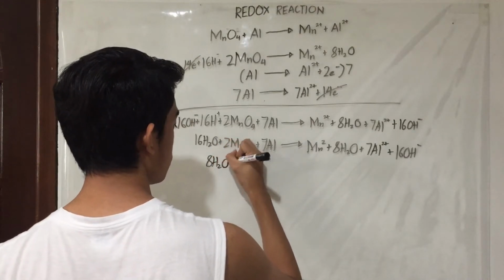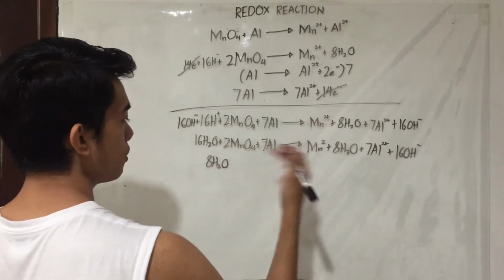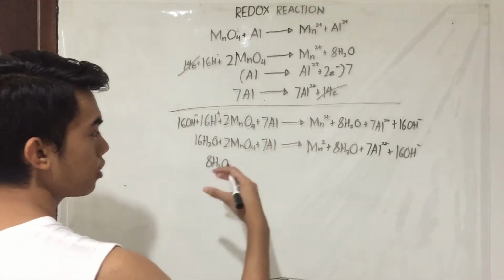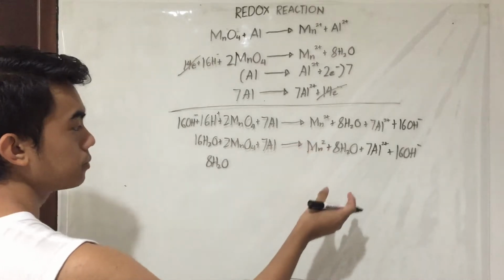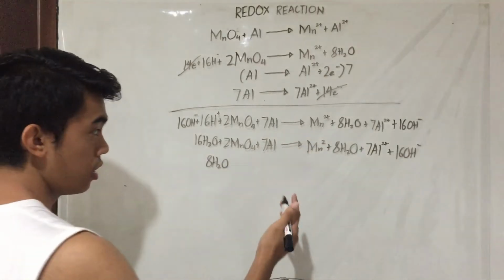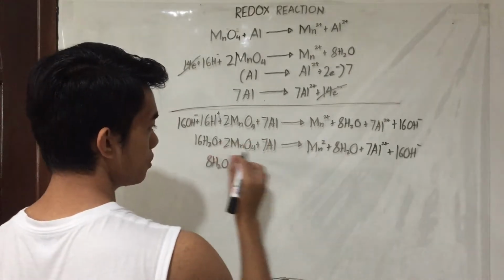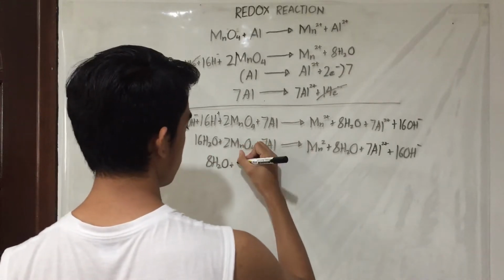8H2O. When you subtract, you have to decide where to put that. Always put that on the greater side, either on the product or on the reactant. But in this case, we're going to put this on the reactant side because 16H2O is greater than 8H2O.